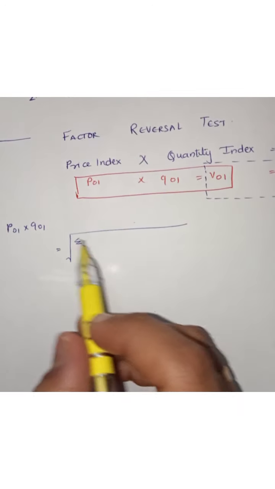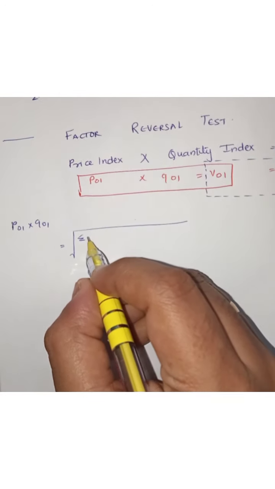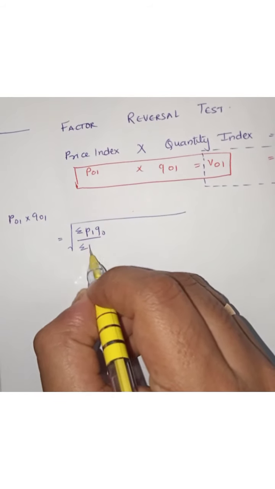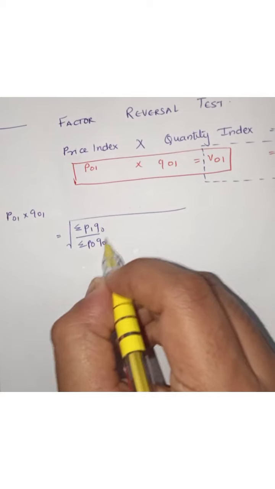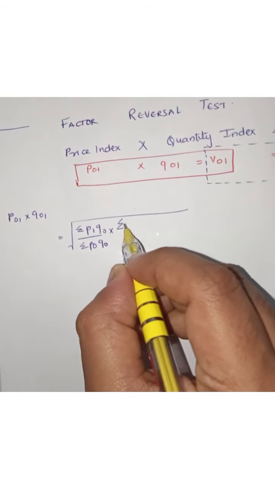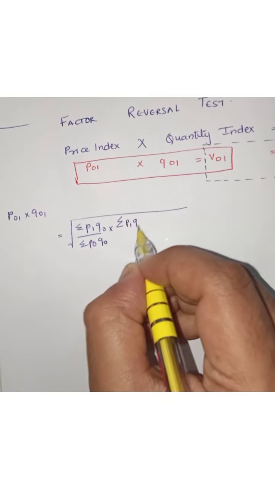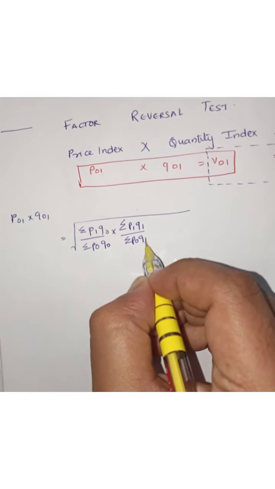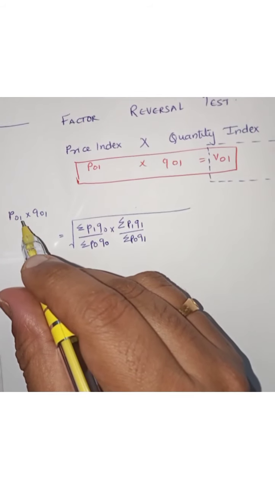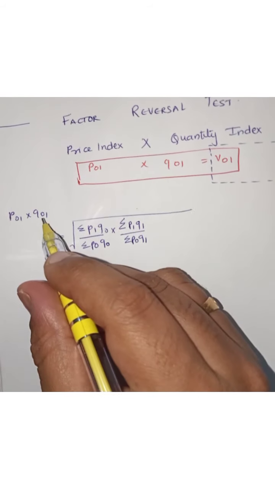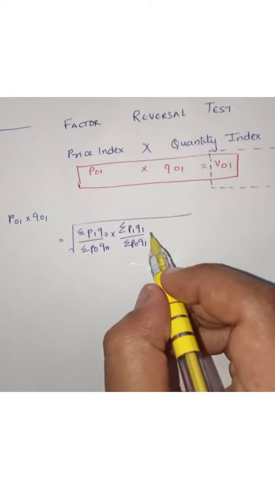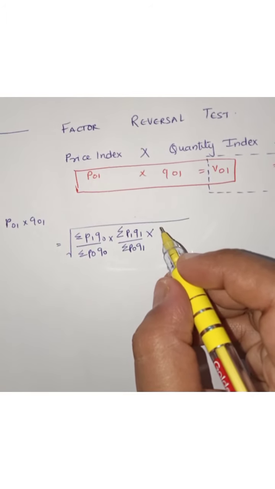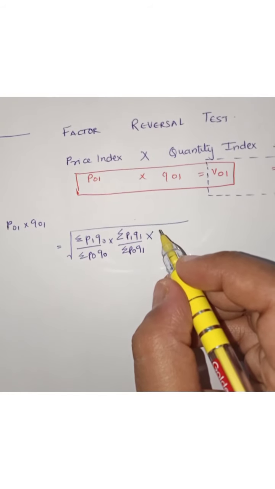So let us write down P01 of Fisher's index and Q01 of Fisher's index. P01 of Fisher's index is the square root of summation of P1 Q0 divided by summation of P0 Q0 into summation of P1 Q1 divided by summation of P0 Q1. This is the P01 part of Fisher's. Now we are going to see the quantity index. For the quantity index, we will be multiplying with, again, Fisher's quantity index.